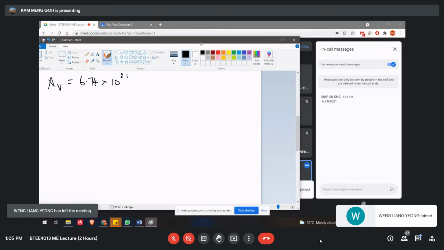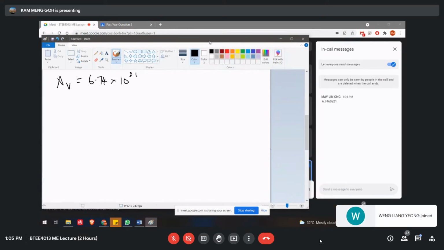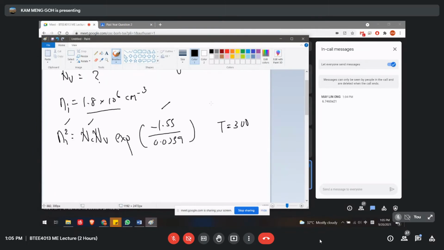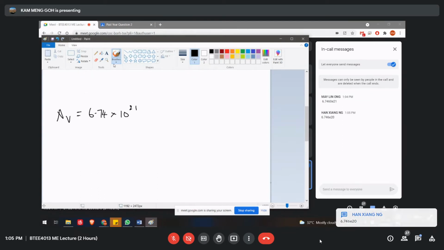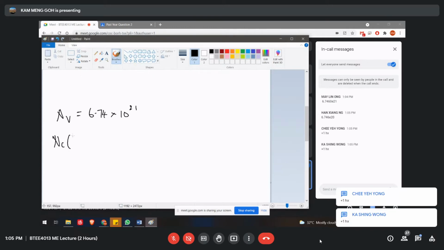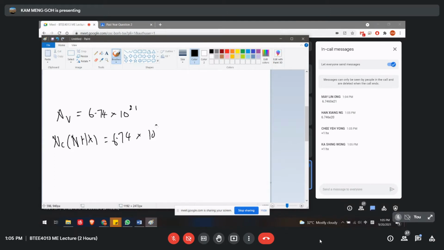Han Xiang, what do you get for NV? Okay, Han Xiang gets 6.74 times 10 to the power 20. So I think basically you guys need to check whether this one is correct or not.